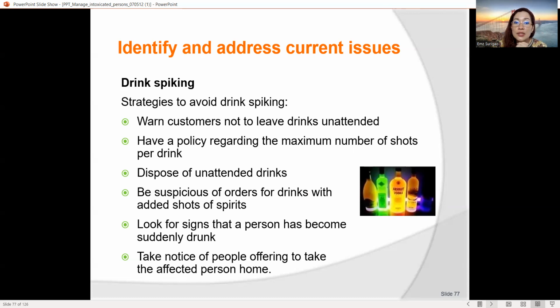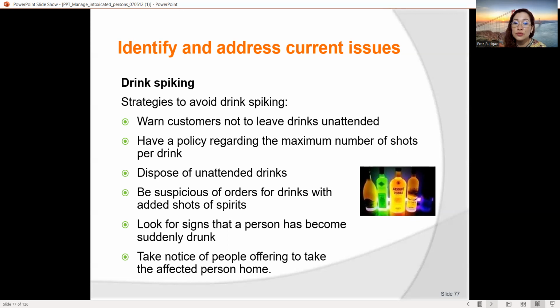Dispose of unattended drinks. If a drink is unattended, you need not to drink it anymore. Be suspicious of drinks with added shots of spirits. So look for signs that the person has become suddenly drunk. So he drank once only, but he's already intoxicated.